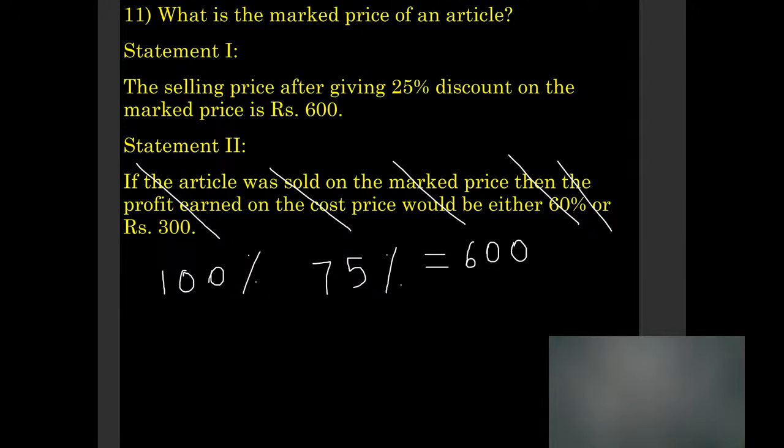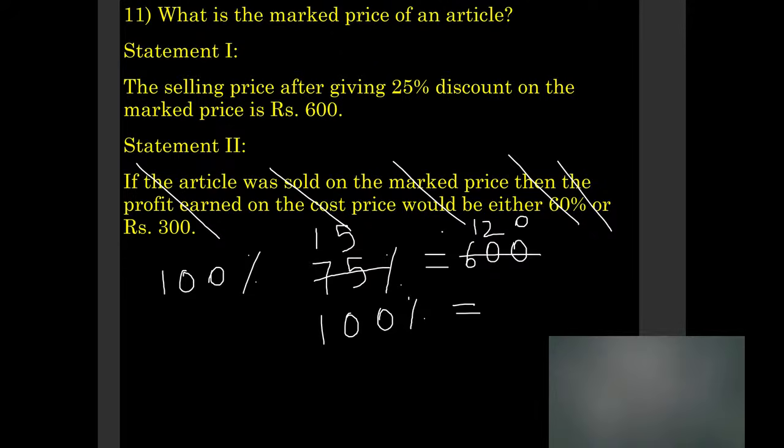Next, as the selling price is 600, we should find the market price. The market price value is equal to 100%. Let us cancel in the 5 table first. 5 into 1 is 5, 2 remainder, so it becomes 15. Next, 5 into 12 is 60, it becomes 120.